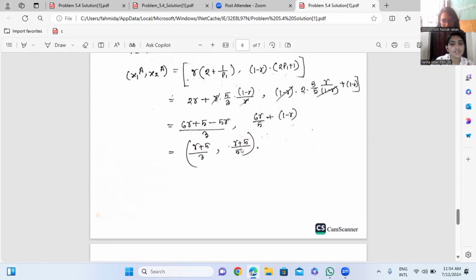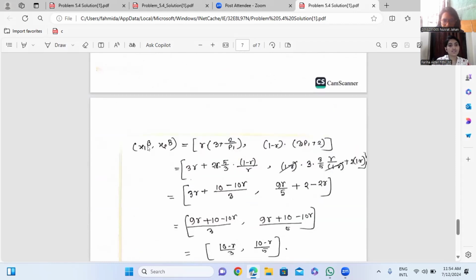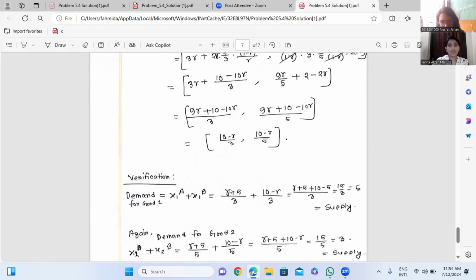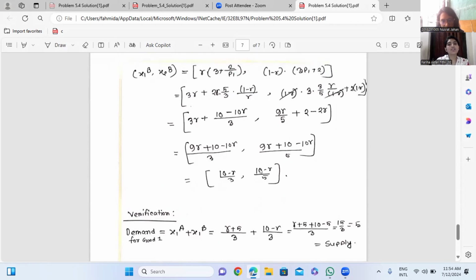Now the demand for good 1 and 2 for consumer B, after putting the value of P1, we have found to be 10 minus gamma by 3, 10 minus gamma by 5. Now this is our competitive equilibrium allocation.